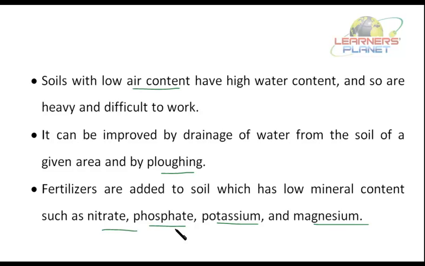So in this way, we can say that we can grow many types of crops for which many favorable conditions are kept in mind, and the soil can be made suitable for such types of crops by making some adjustments.